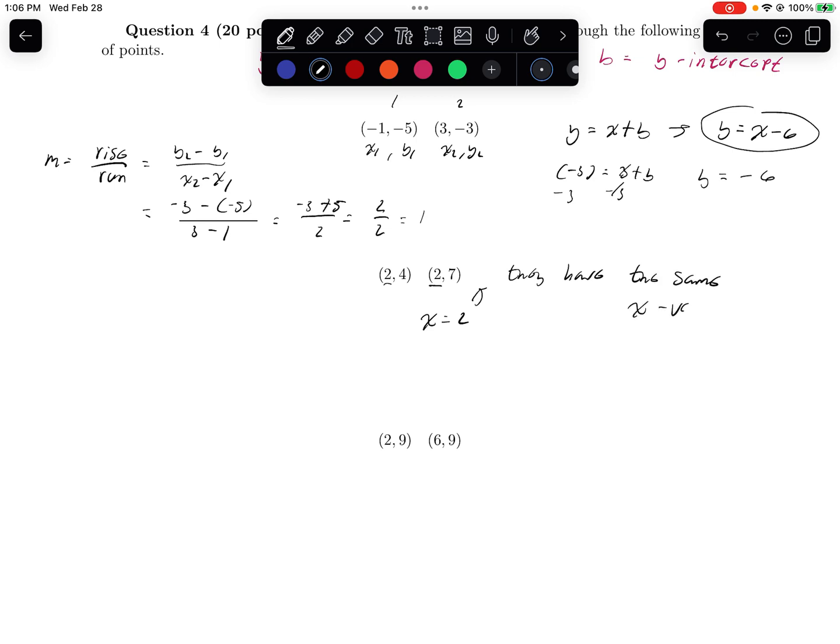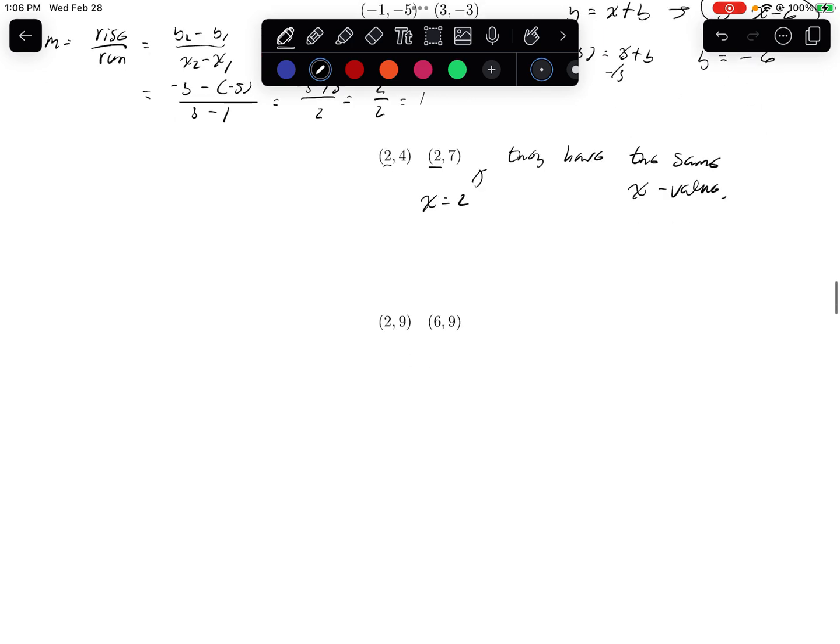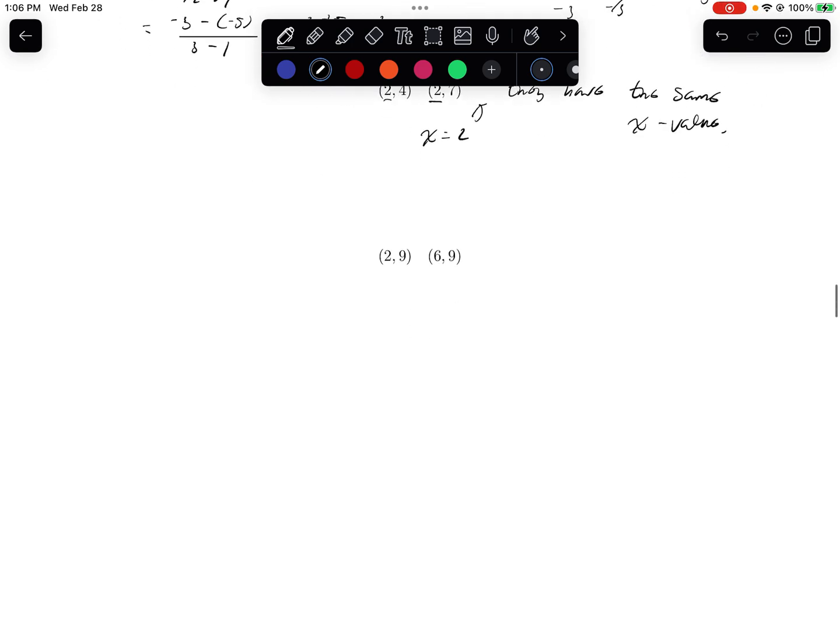So x = 2 would be the solution here. Very similarly for this set of points, we have (2, 9) and (6, 9). They have the same y values, so y = 9 is the equation for our line.